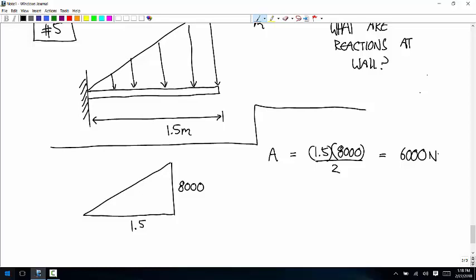And then the centroid is 2/3 of the way from the left corner to the center, 2/3 of the total of 1.5. 2/3 of 1.5 is 1 meter, so this distance is 1 meter. And I'm going to put the coordinate system here.